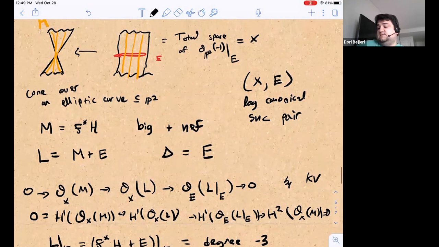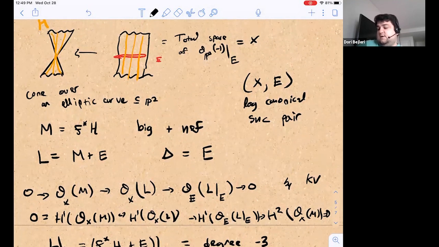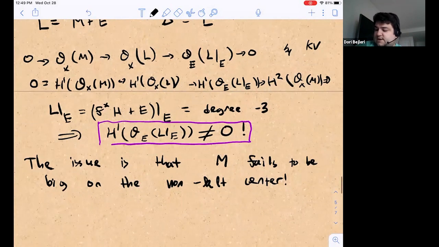Because in this case, for this log canonical SNC pair, everything's smooth, so the only non-KLT center is just the divisor with coefficient 1. And because we assumed it's log canonical, I'll probably usually refer to this as log canonical centers, but those only make sense when the pair is actually log canonical.